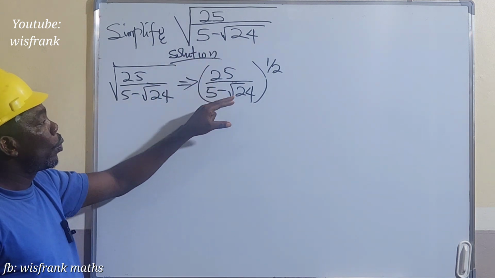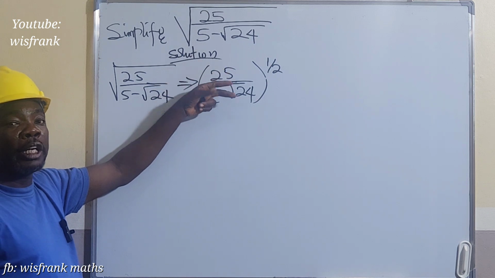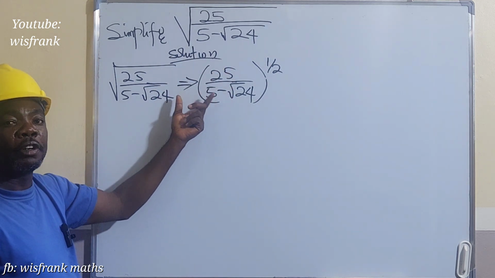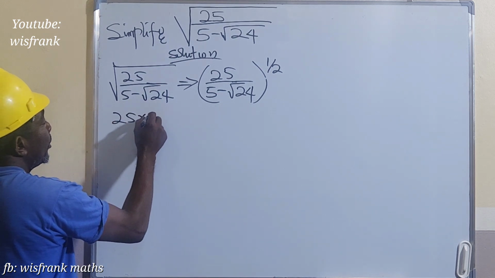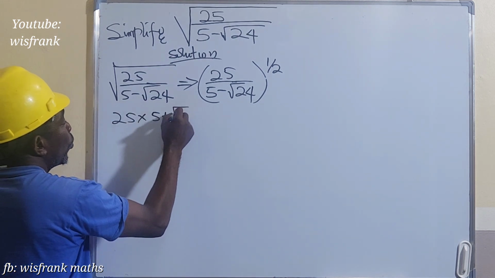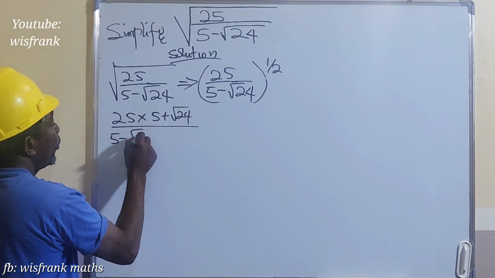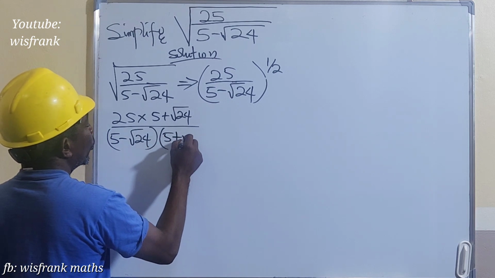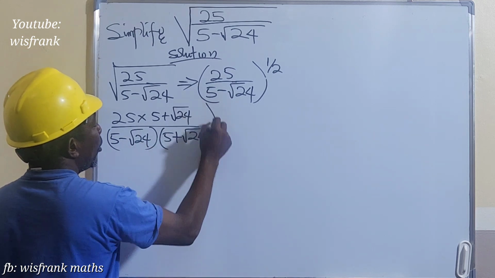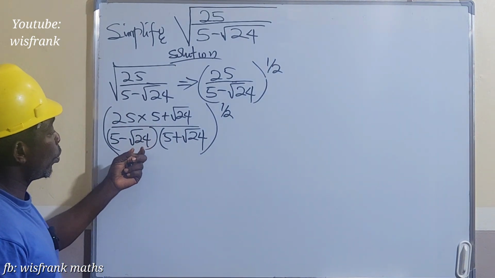And we recall that when we have something like this, we multiply both the denominator and the numerator by the conjugate of the denominator. So this will become 25 times 5 plus square root of 24 all over 5 minus square root of 24 times 5 plus square root of 24, all to the power of 1 all over 2. So this is what we have.